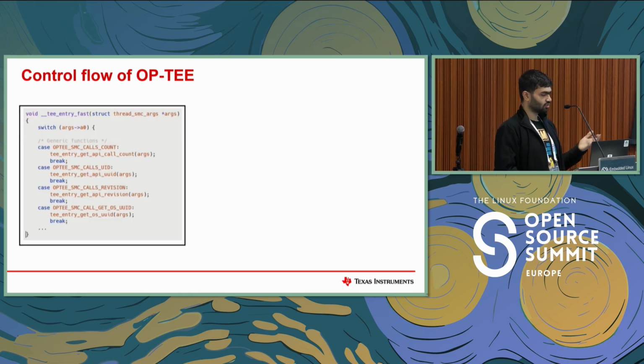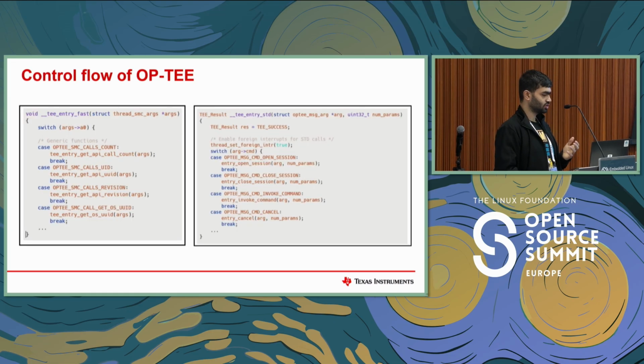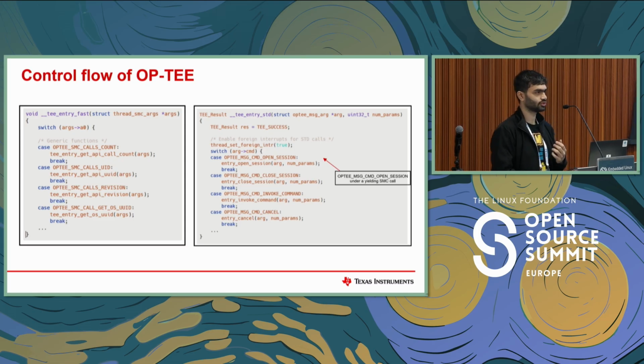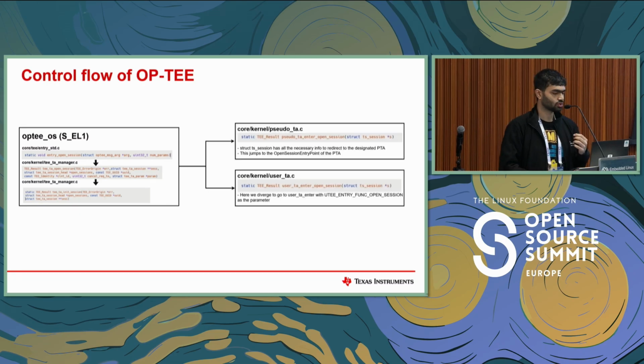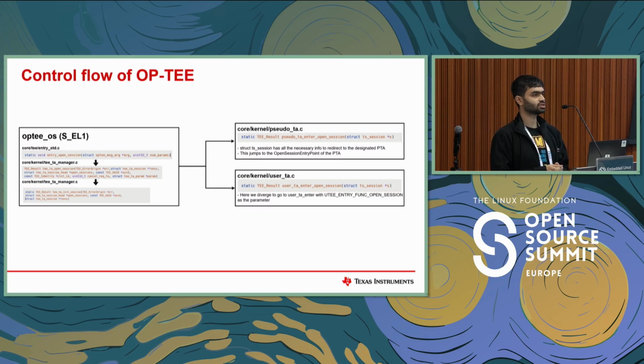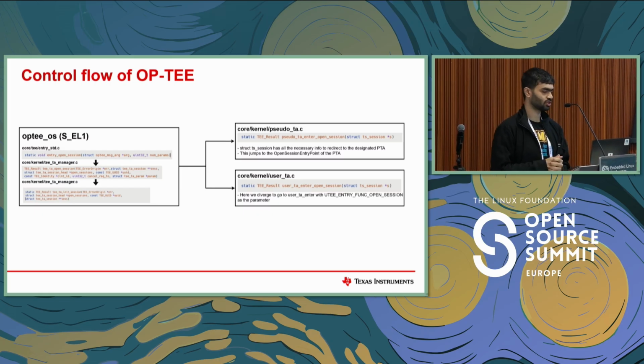So this is one of the fast SMC calls that I mentioned. And these are the standard SMC calls that we have which enable the interrupts. And open session is one of them under the yielding SMC call. So now from there, we traverse, and we reach the init session. Once we reach the init session, there's the differentiation between if it's a pseudo-trusted application or a user mode trusted application.